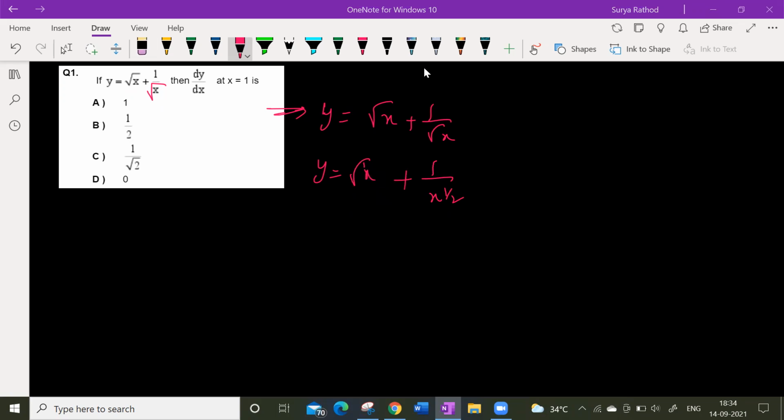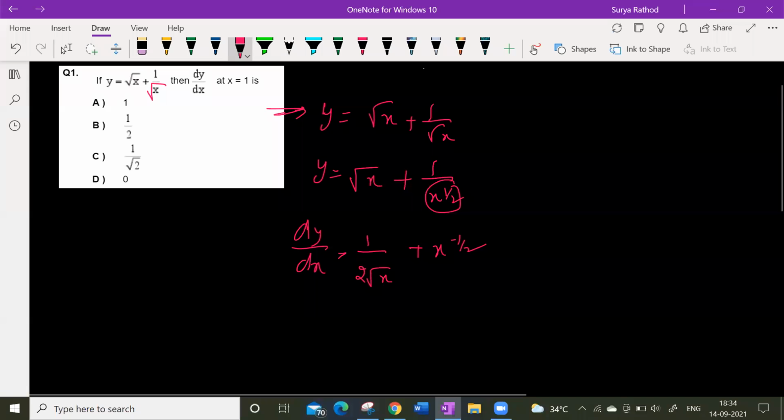So now dy by dx of root x is 1 by 2 root x. So this one will become x to the power of minus 1 by 2. Yes or no?